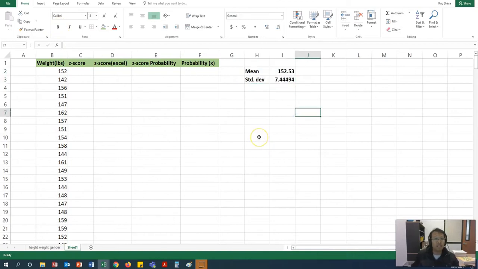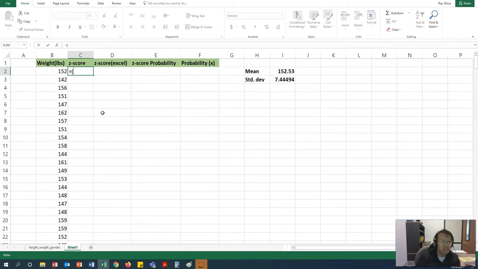Now let us figure out the z-score by using the traditional formula, the formula that we know. I would simply write equals, start with the parenthesis, and what is x? X is the weight of each person, the person in row number 2, minus the mean, divided by the standard deviation.